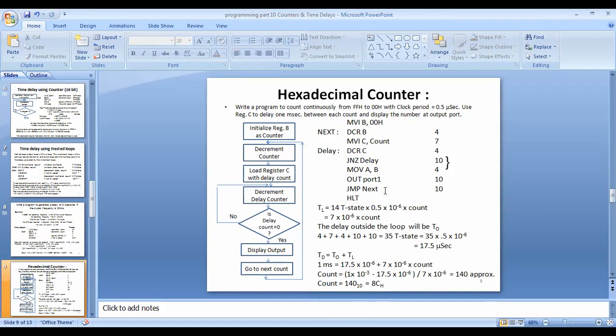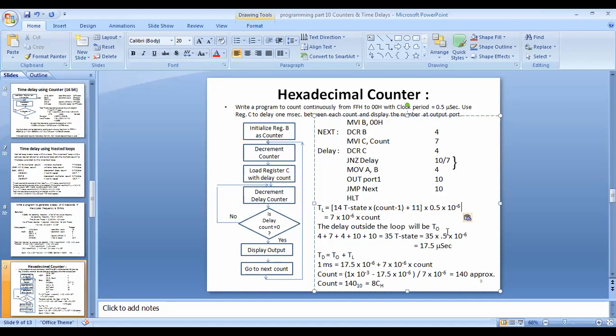For simplicity in the calculation, I have ignored the 10 and 7, because if we consider it, then it will be count minus 1 plus 4 into 7, 11, and this will be taken out and then multiplied by 0.5 microsecond.